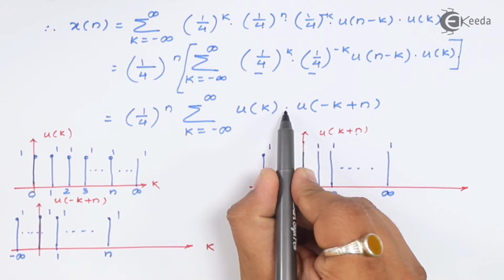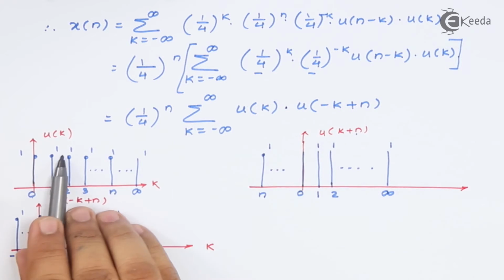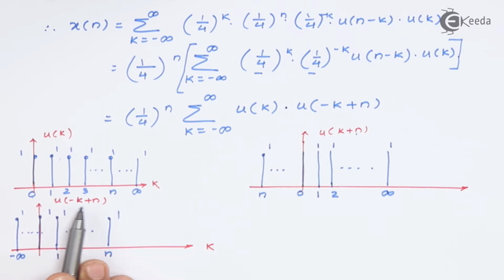Now what do we mean by this? u of k is multiplied by u of minus k plus n. So this is my u of k and this is my u of minus k plus n.